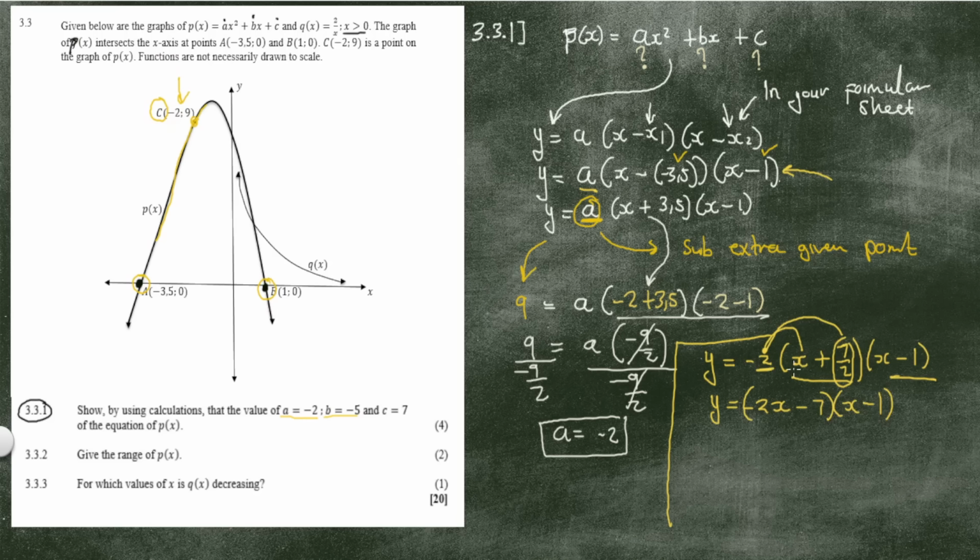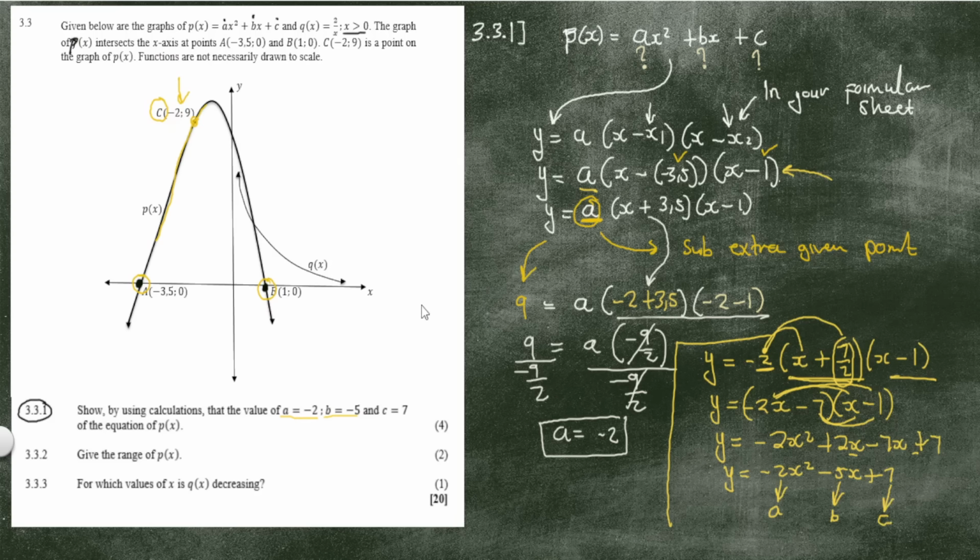Then we FOIL: minus 2x squared, plus 2x, minus 7x, plus 7. Y is equal to minus 2x squared minus 5x plus 7. So a is -2, b is -5, and c is +7.